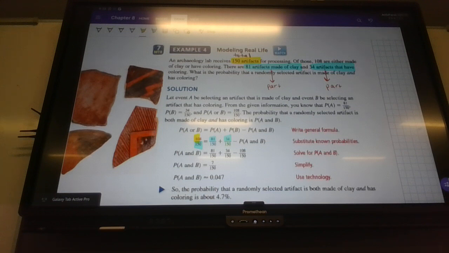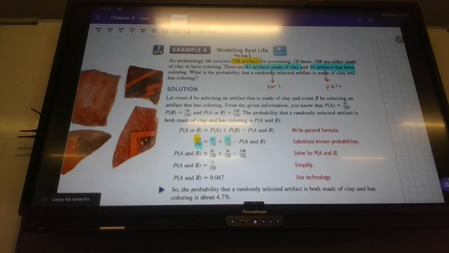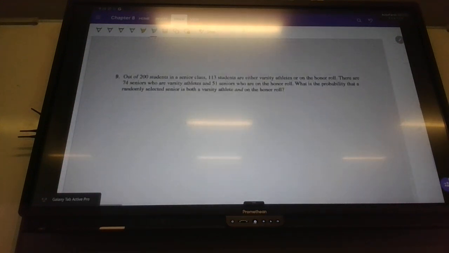Added both the parts together and subtracted the 108 with the "and." They keep changing up the order of these problems, so read example 4 for a moment and then try number 9.